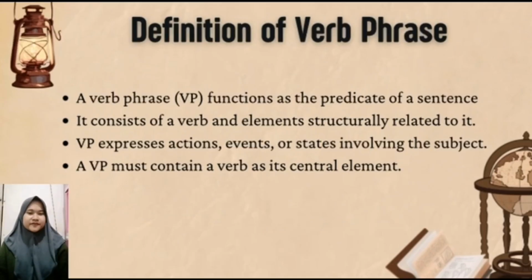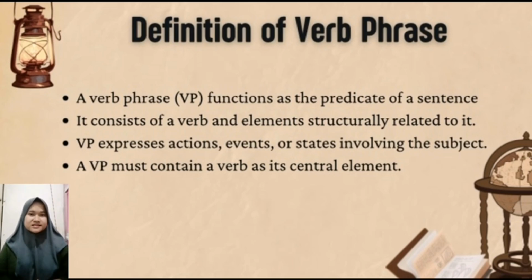For the first, I will explain the definition of verb phrase. A verb phrase or VP is a syntactic unit that functions as the predicate of a sentence. It consists of a verb and any elements that are structurally related to that verb.